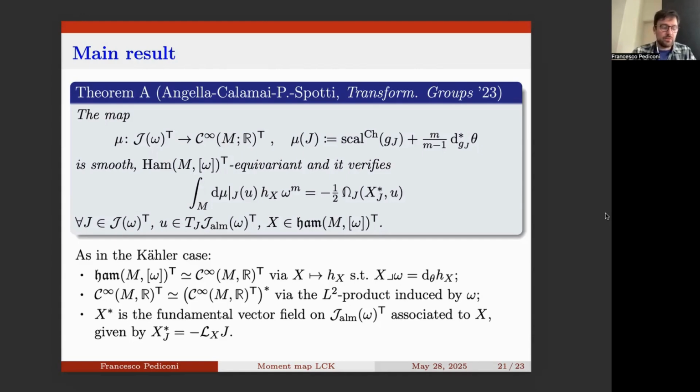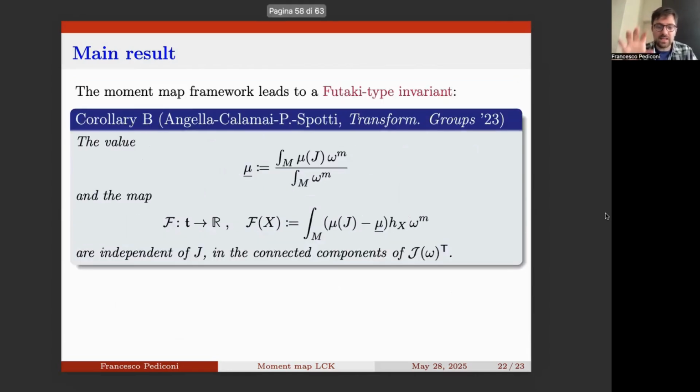So actually, from this moment map framework, we also get as an immediate corollary a Futaki type invariant. So namely, we get the following corollary: whenever you take the integral of mu J over the volume, it is a number which is independent of J, so it is a constant.